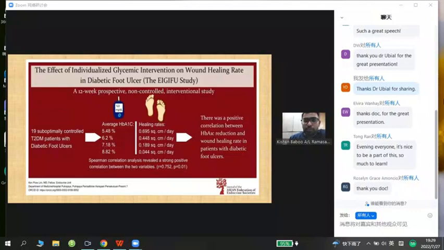You can be doing all the best dressings in the world, but as long as the patient's sugar is not controlled, you will have difficulties in healing the wound. So you can always use HbA1c as a standard. We recommend a 2 weekly or monthly check on your HbA1c to look at how good the patient's control is, and you can optimize his medications as needed.